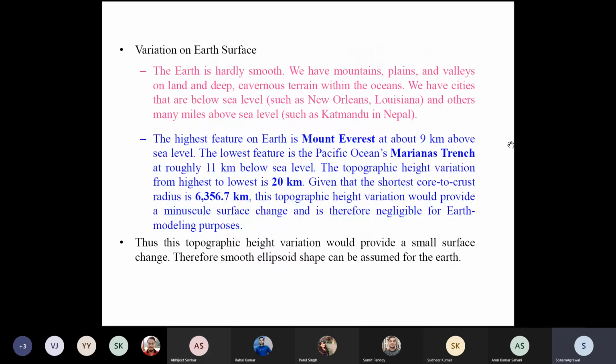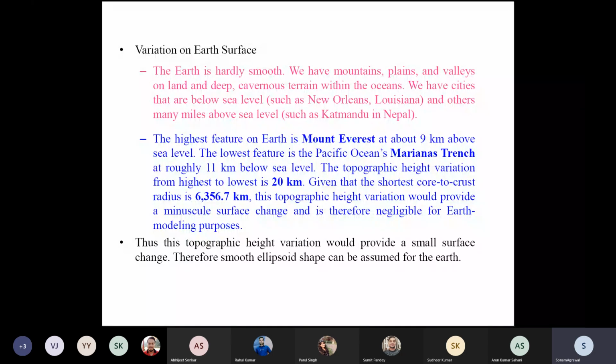Mount Everest is approximately 9 kilometers, and the deepest point, the Mariana Trench, is roughly 11 kilometers below sea level. So if you do the summation, 9 plus 11 is 20. So the total topographic height variation is 20 kilometers.